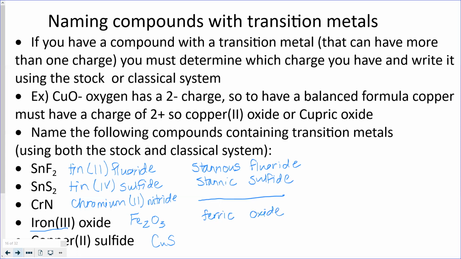We said copper can either be +1 or +2. Copper 2 is the higher charge, so this would be cupric. So this is cupric sulfide. So you were able to add that on to your homework, and anything that had one of those 5 that could have been classical, you need to add a classical name for.